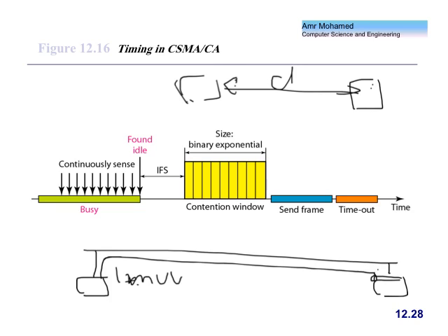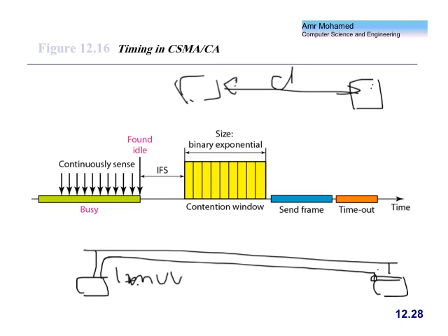If there is collision detection, then I send the jamming signal right away and everything will abort, and they will start taking the back-off procedure. Here, I don't have this luxury, so I have to look for another way to resolve or to try to avoid the collision rather than detecting the collision.